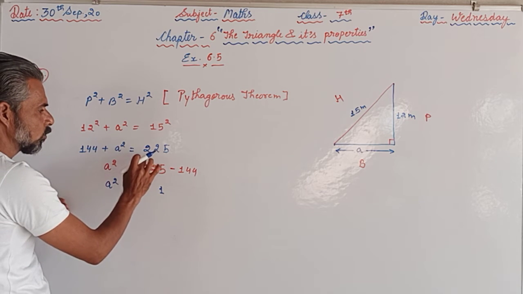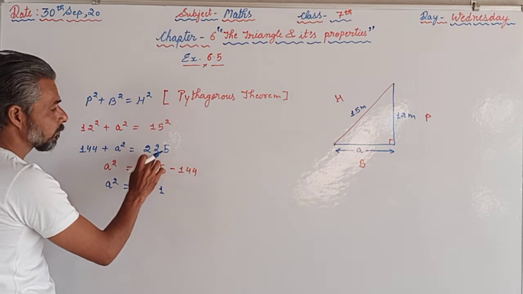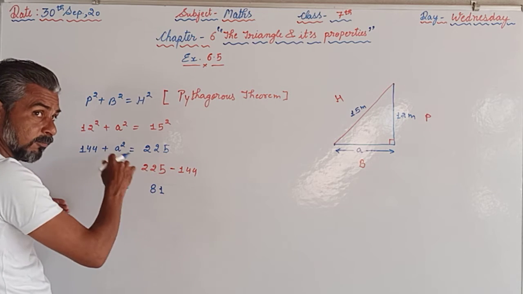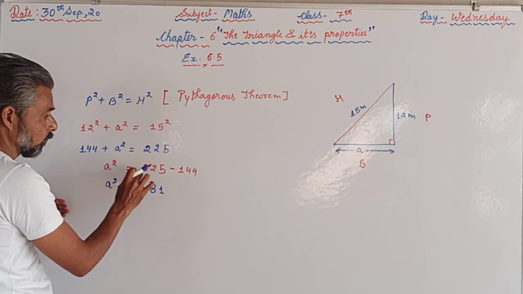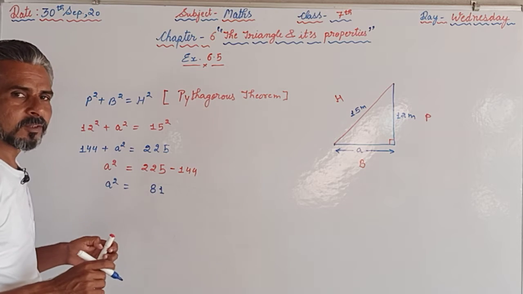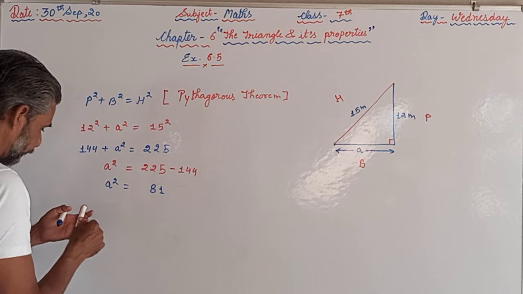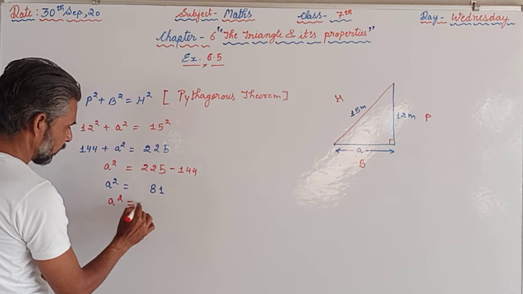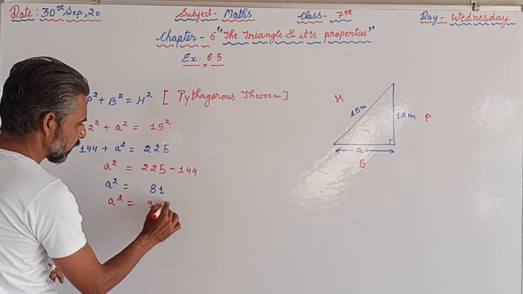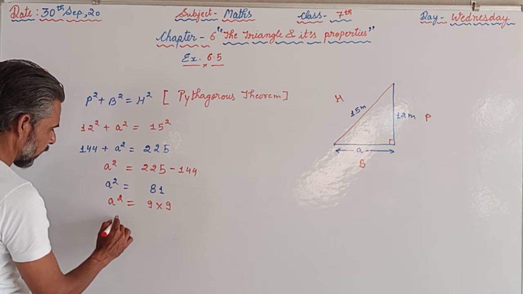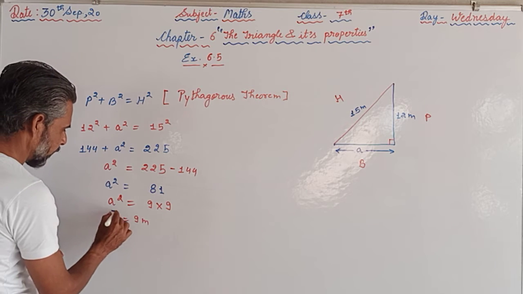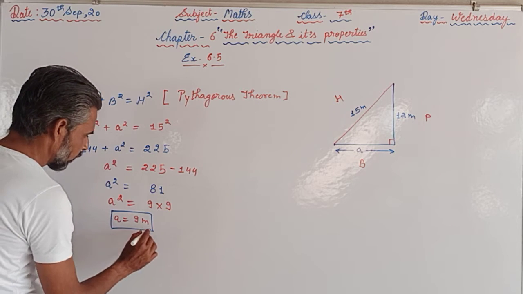It becomes 12 minus 4, that is 8, and 1 minus 1 is 0. So that is 81. From here A square is equal to 81, which can be written as 9 into 9, and A will be equal to 9 meters. That will be the answer of this question.